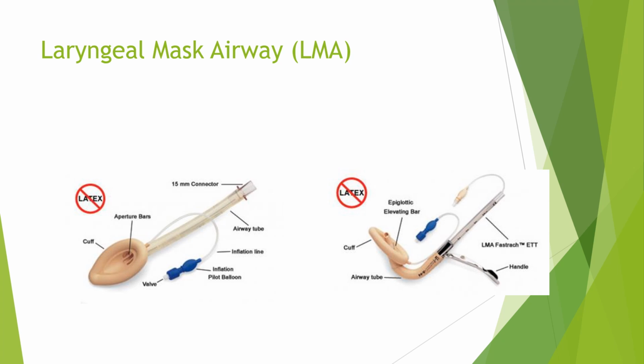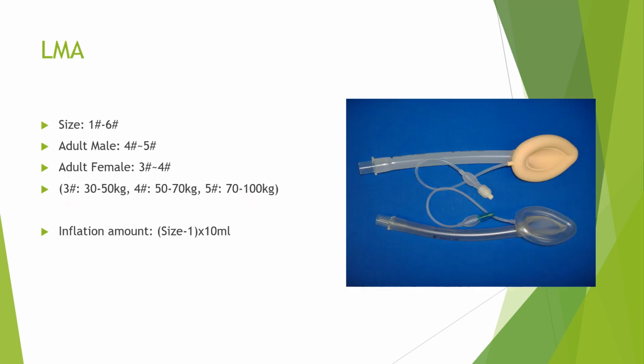Firstly, we will introduce the laryngeal mask airway, which looks like that. It has a balloon inside that obstructs the esophagus so that air goes into the trachea.